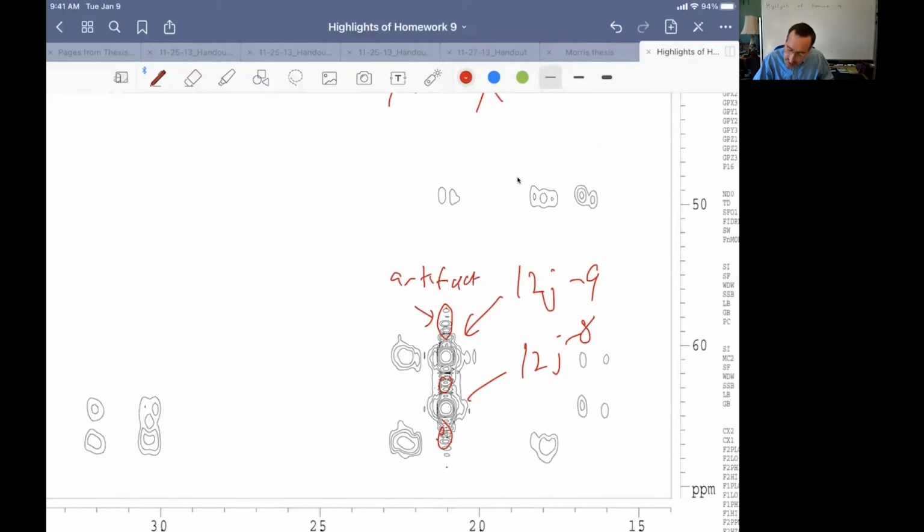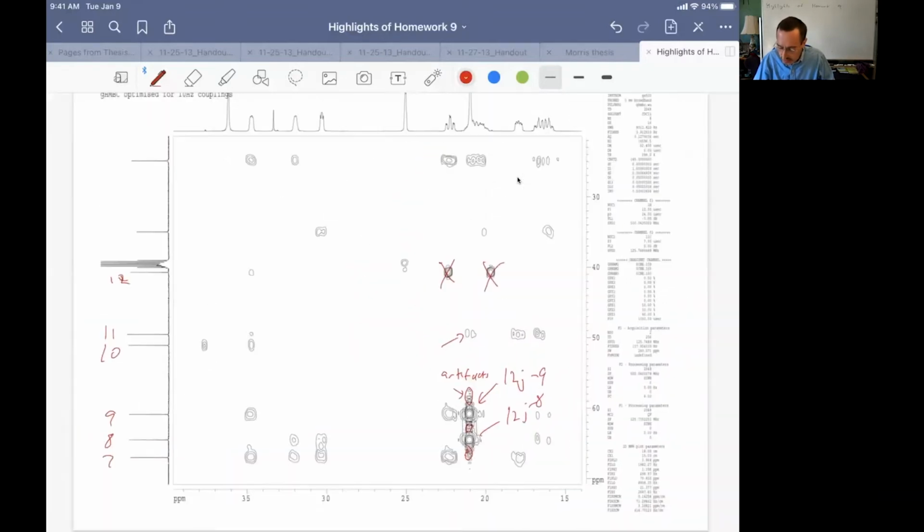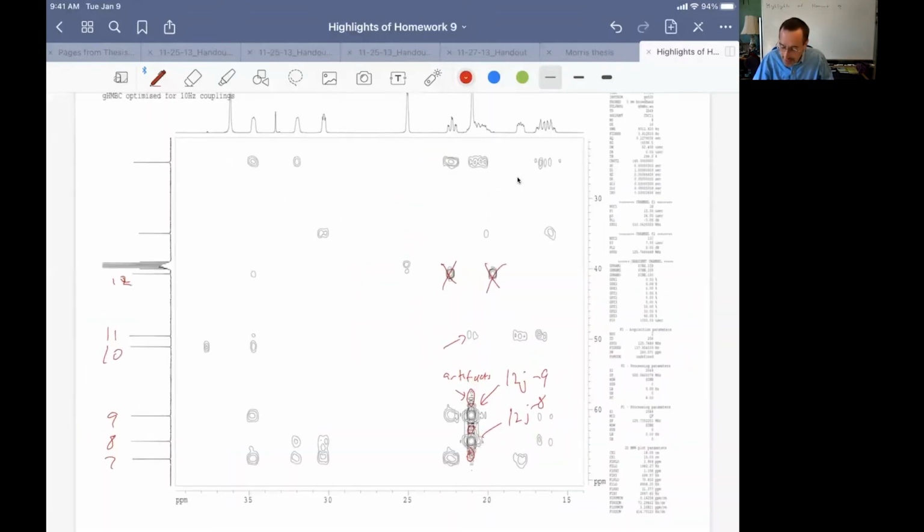If you have any ambiguity or any doubt about something like that, it's not an artifact, but I don't think it has anything to do with your molecule, and it clearly just is not even in the same class. So you can ignore that, and it becomes pretty obvious what you're looking for once you get in the habit of looking at these. So these are some of the highlights.